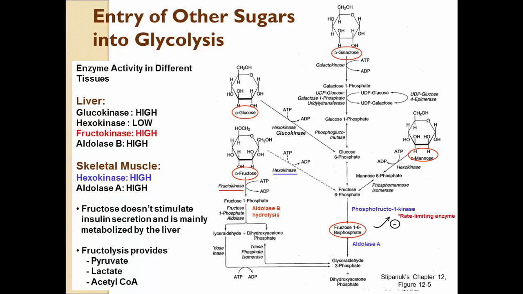So if a lot of pyruvate is produced from fructose metabolism, you have a lot of substrate for fatty acid synthesis. So a lot of fructose can be metabolized and then converted to fat. That is one mechanism for why, when we consume too much fructose, it can be converted to fat in the liver.